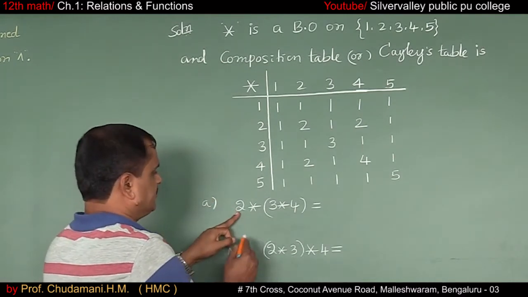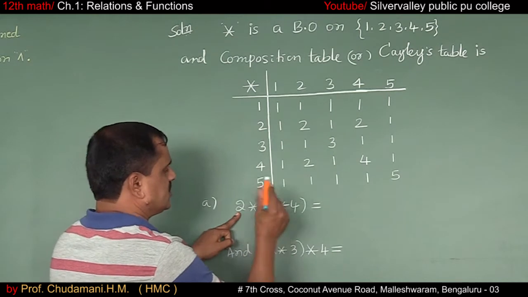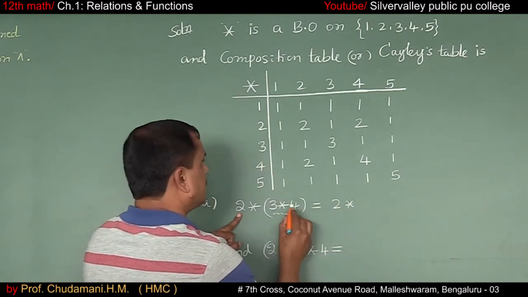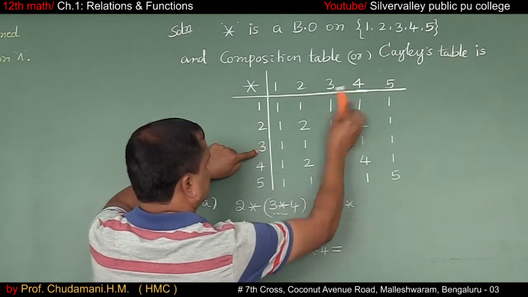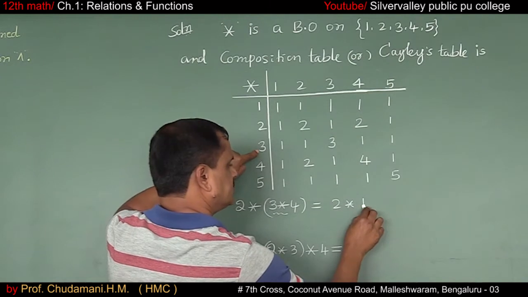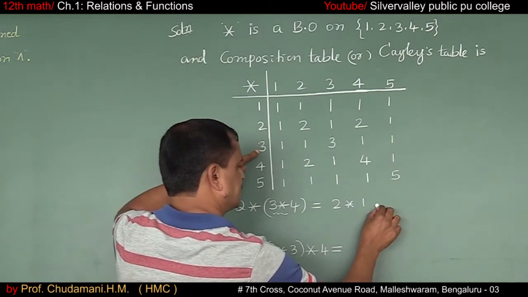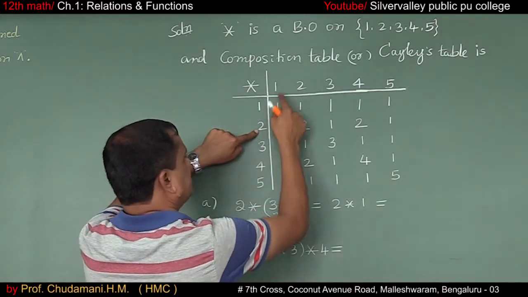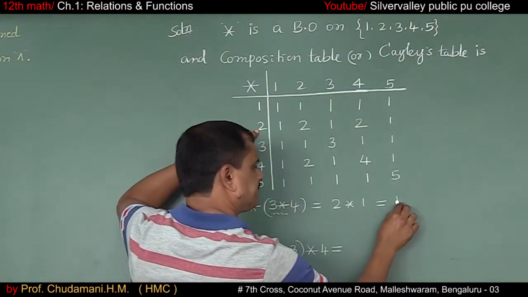Now let us see 2 star 3 star 4. 2 star, observe, 3 star 4. 3 star 4 means we have 1 here. It is nothing but 2 star 1 now. 2 star 1 means it is 1.